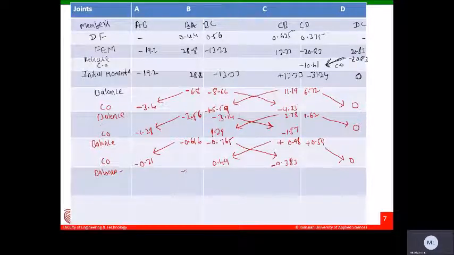It will be minus 0.23, this will be minus 0.27, this will be plus 0.24, and this will be plus 0.144. Now I need to do the carryover. Sorry, not change the sign; that's only doing the balance.